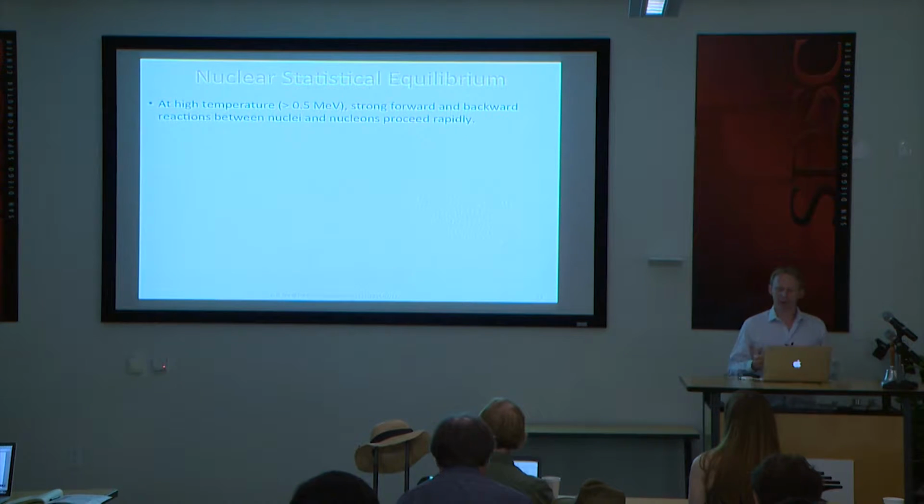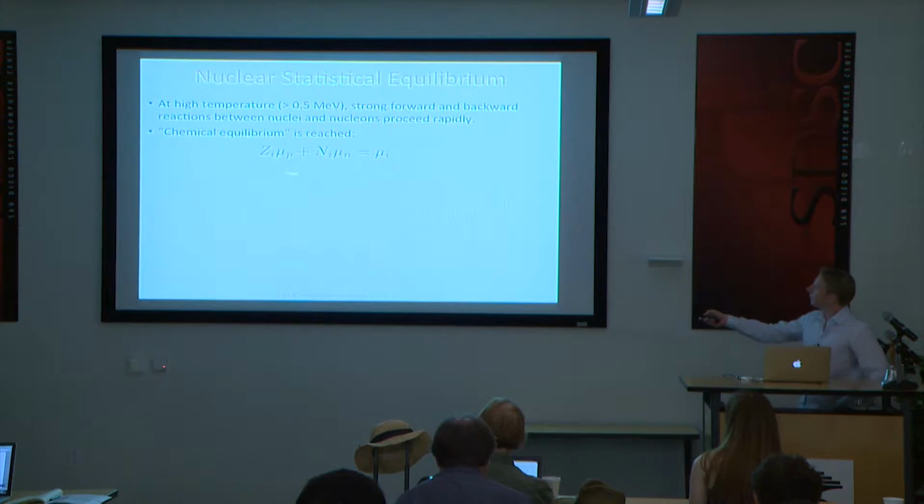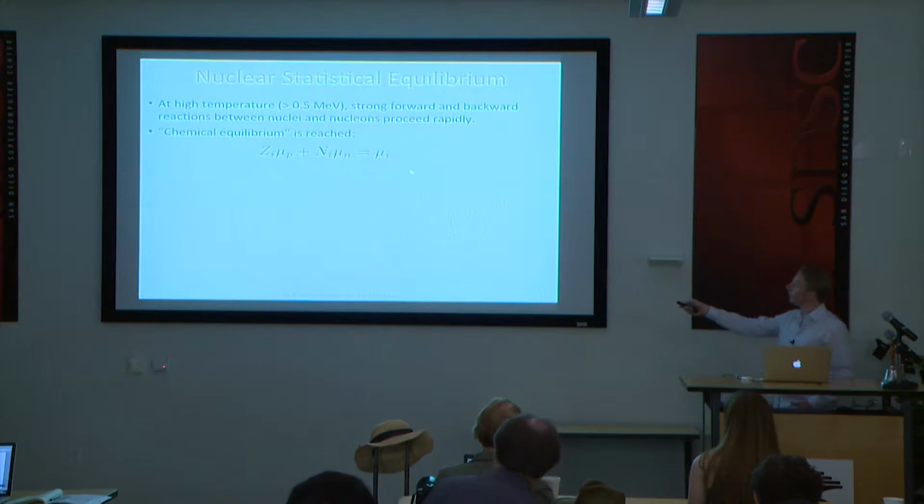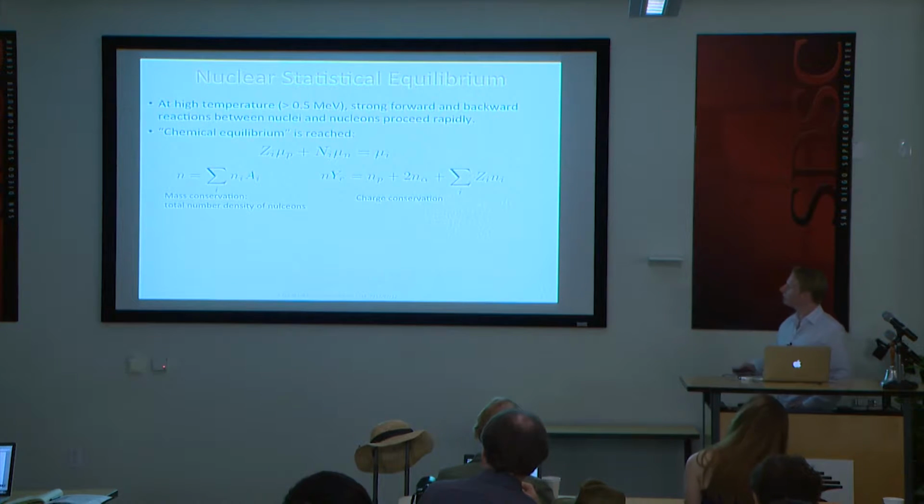They proceed so rapidly. So we reach chemical equilibrium where, for a given nucleus with Z protons and N neutrons, the chemical potentials go into balance with the individual neutrons and protons. We have two additional constraints. We have mass conservation and we have charge conservation.